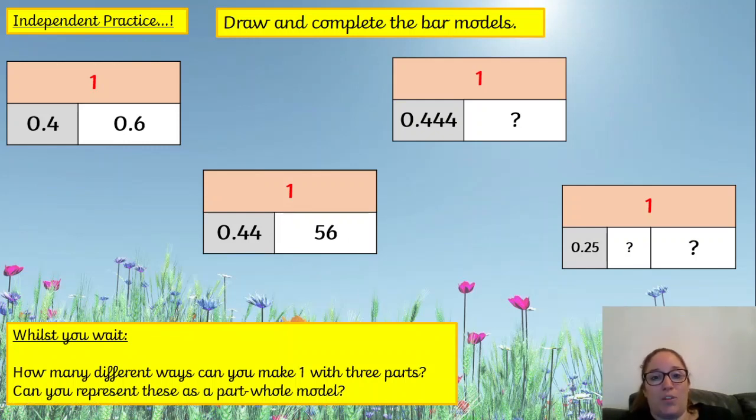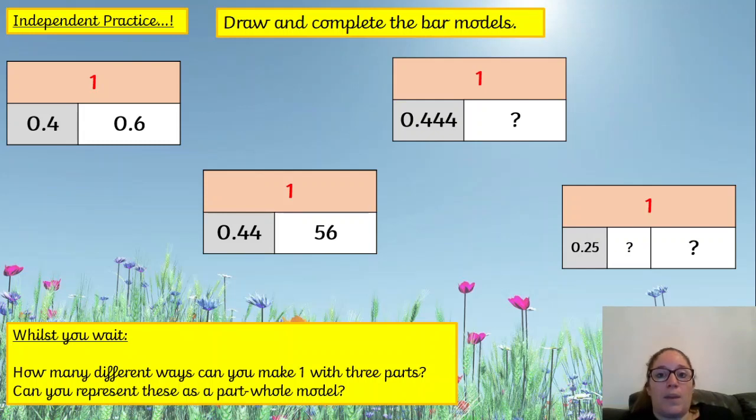It should be 0.56. Oh no, I hope I haven't done it for all of them. That should definitely be 0.56. But the 6 and the 4 make 1 whole, which would be carried over to the tenths. 5 and the 4 is 9/10, but you add that 1 tenth on to make 10/10, which is a whole.